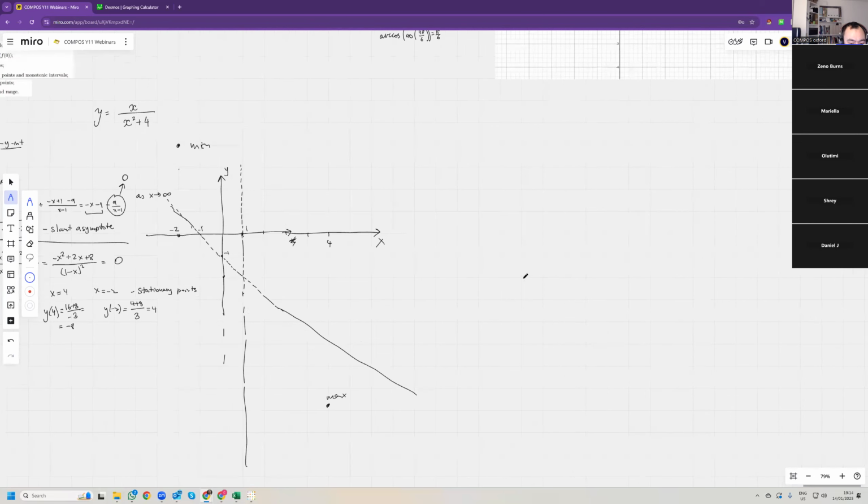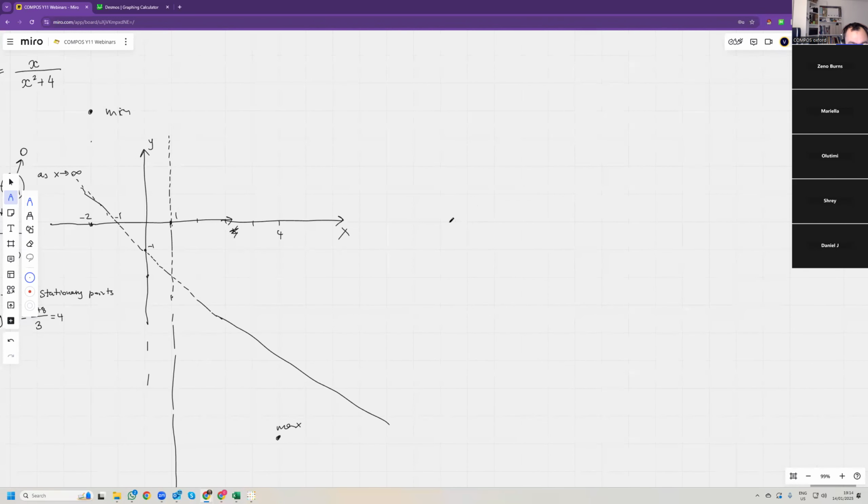So it's not very great, so I'm just going to redraw this and say, okay, so I have an asymptote like this. I have an asymptote like this. I have a point 4, minus 8.